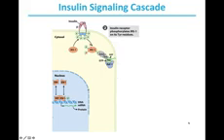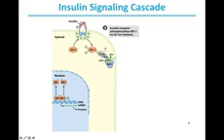And that's what happens to IRS1. Once IRS1 gets phosphorylated, it binds to another protein called GRB2, or growth factor receptor bound protein 2.